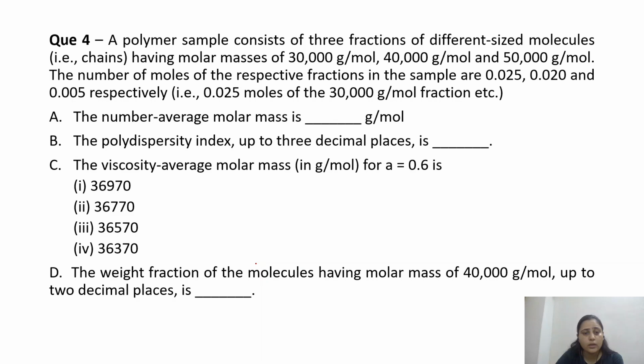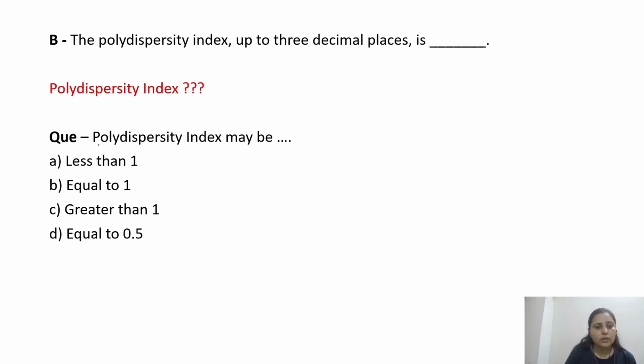The next question asks whether the value of the polydispersity index can be lesser than 1, equal to 1, greater than 1, or equal to 0.5.